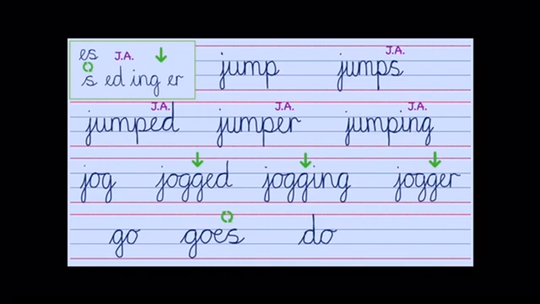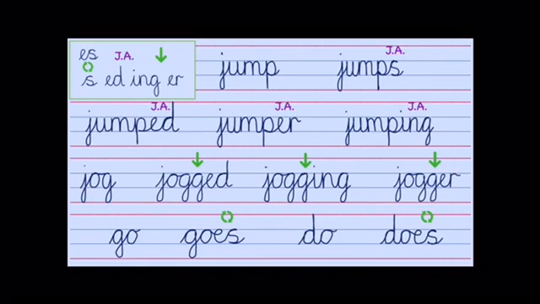You maybe use letter names and finger spelling. Do. I do origami. My friend does origami, but instead of suffix s, we add suffix es. Does. We change because of that o at the end of the word.